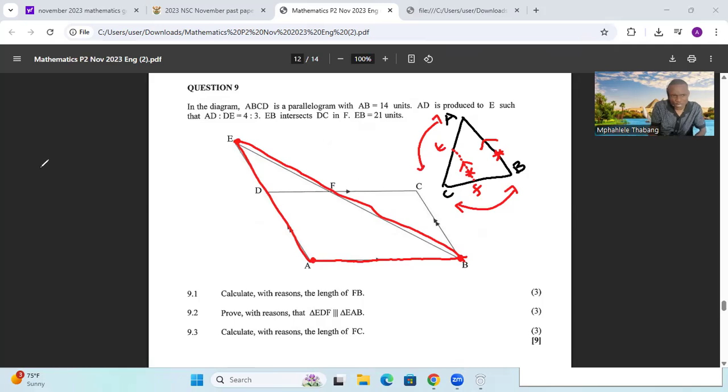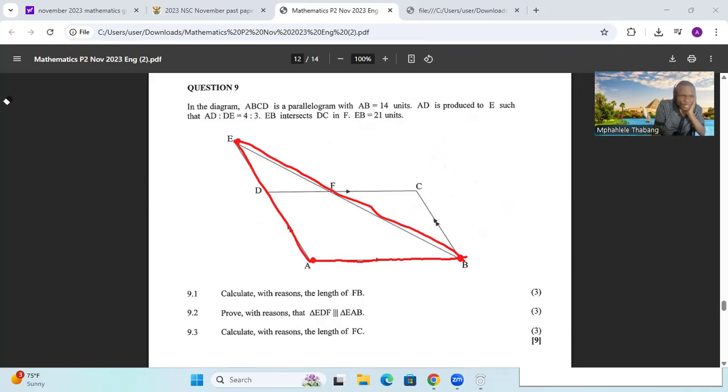For simplicity, let me do this. I have ABC. I have a line drawn parallel to one side of a triangle. This line is parallel to this side.